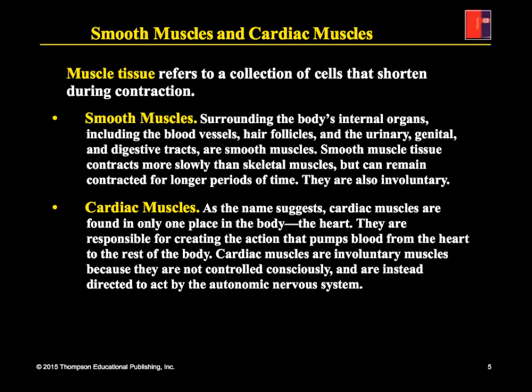Smooth muscle is basically the muscle that surrounds your internal organs, including things like hair follicles, genital, and digestive tract. Smooth muscles are involuntary, meaning you don't have a choice whether to move them or not. They just move or contract on their own.